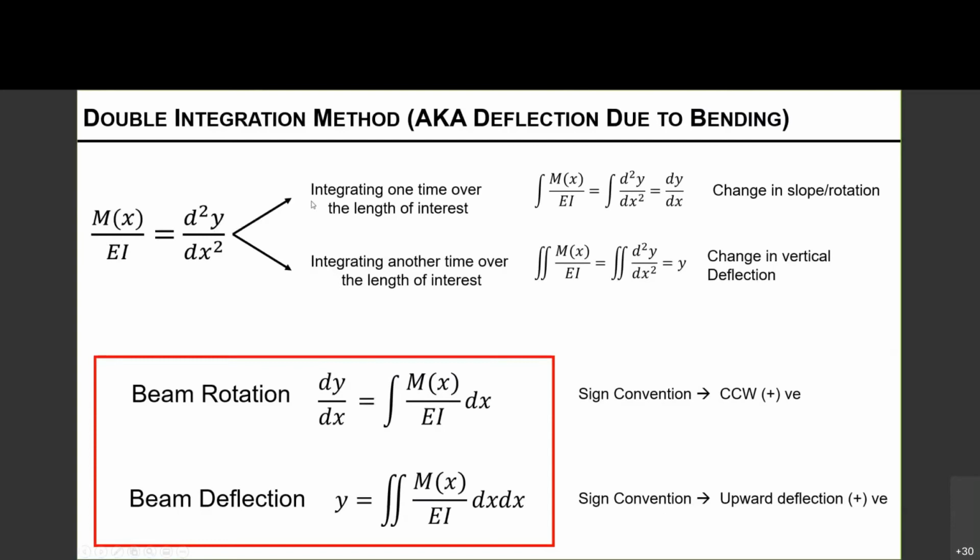Because this is the second derivative, if we integrate this equation one time over the length of the beam, we end up having the integral of Mx over EI equals the integral of d squared y over dx squared.